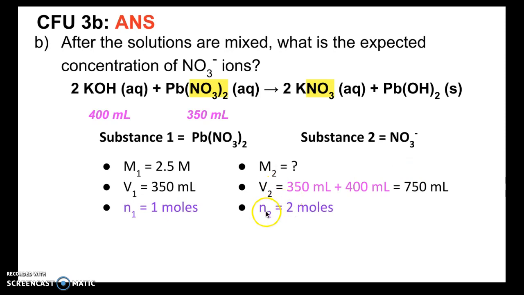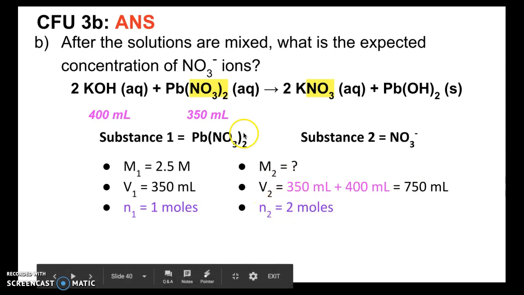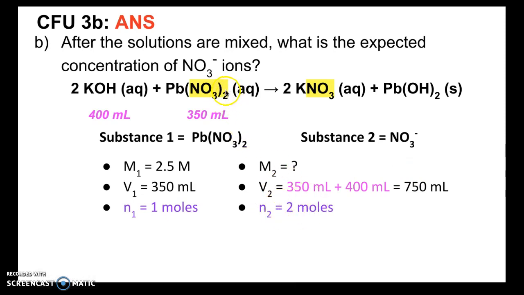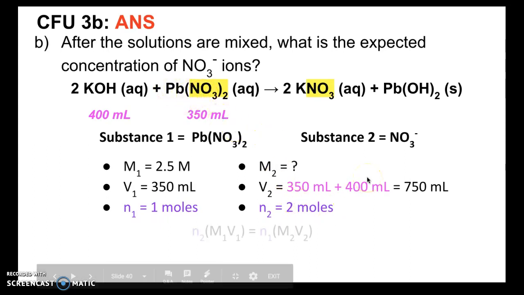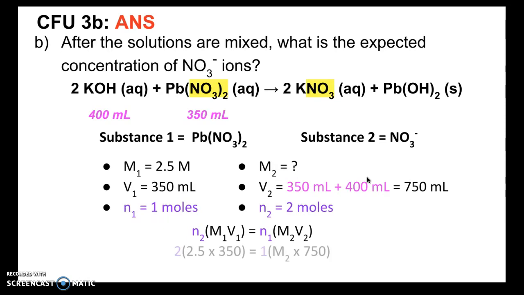And then the moles, 2. This number comes from the fact that according to the chemical formula, for 1 mole of lead nitrate, there are 2 moles of nitrate, and I know that by the subscript outside of the parentheses. So this subscript tells me that we have 2 moles of nitrate for 1 mole of lead, so that value is going to be 2. Go ahead and plug that into my M1V1.